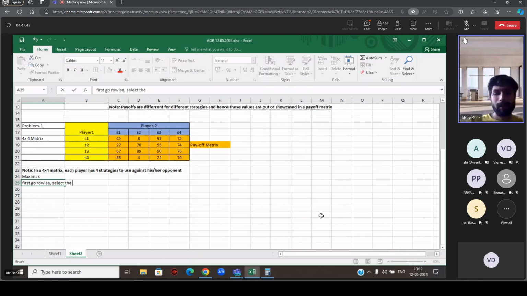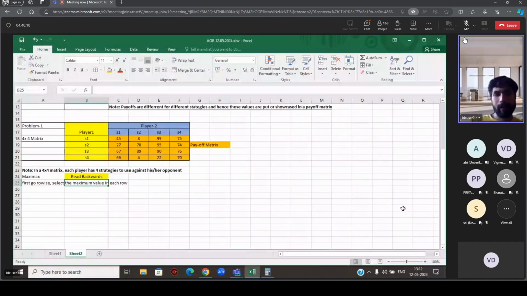Select the maximum value in each row. See, maximax, all this you have to always read backwards. I will tell you what reading backwards means.